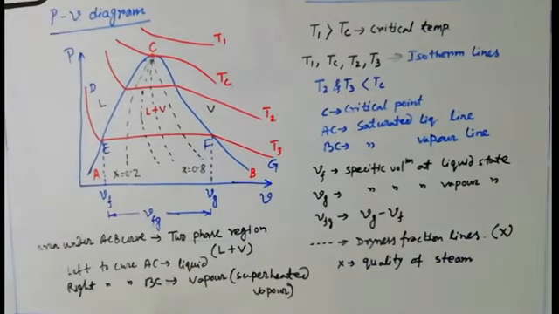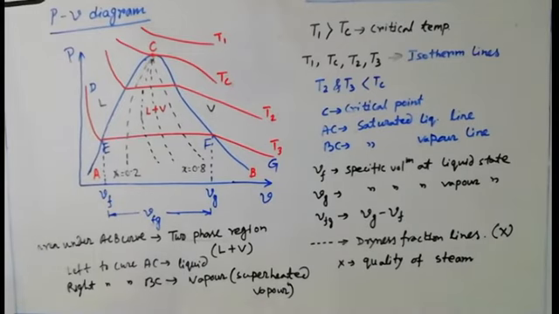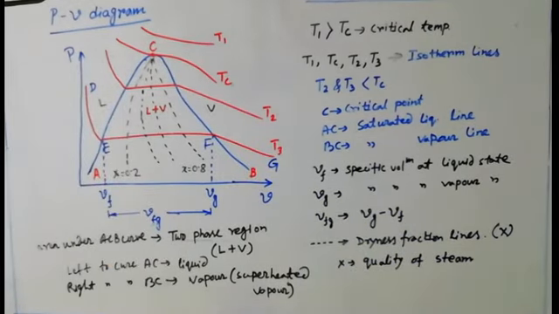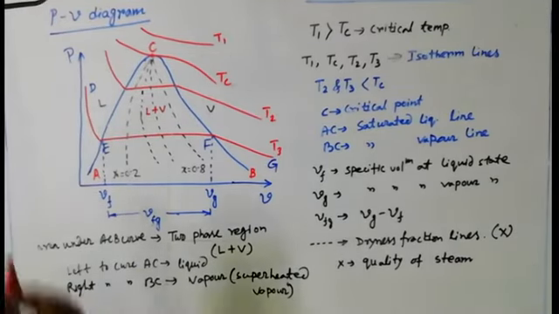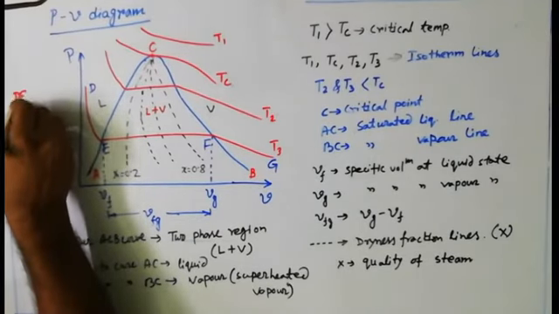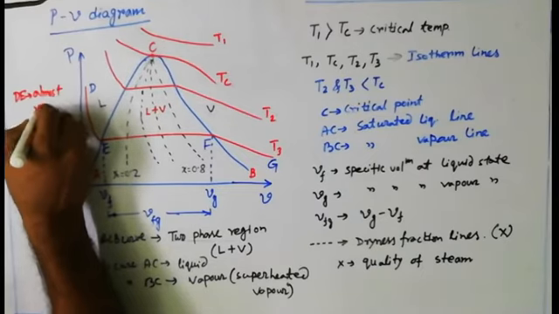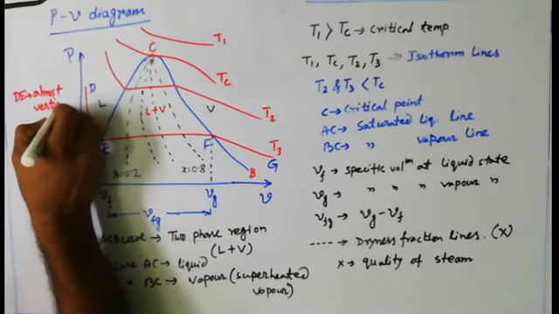What does this mean? While DE is an almost vertical line, that means that with respect to change of pressure, the specific volume is not going to change to that extent, isn't it? I can write over here that DE is almost vertical. That is why it is very important.